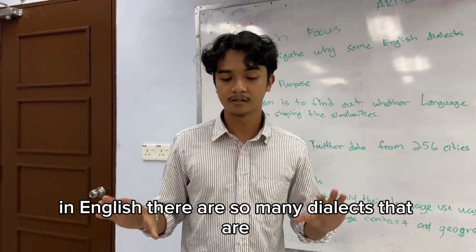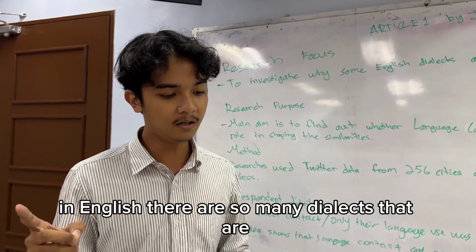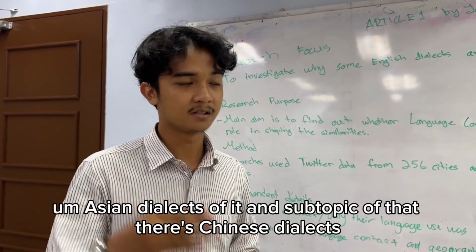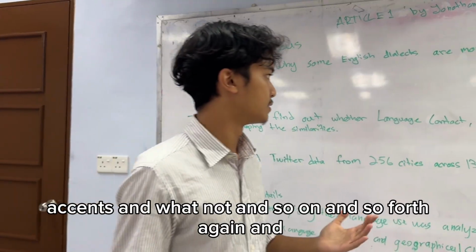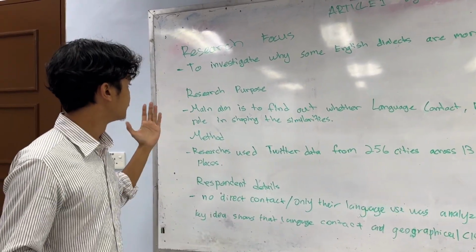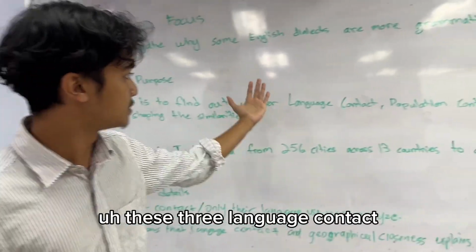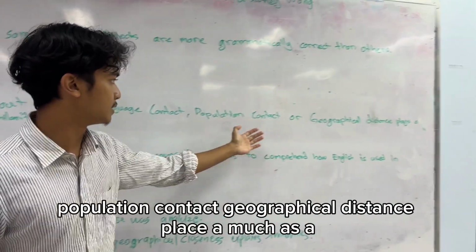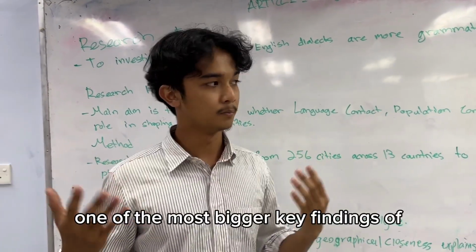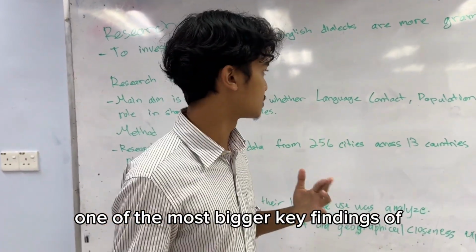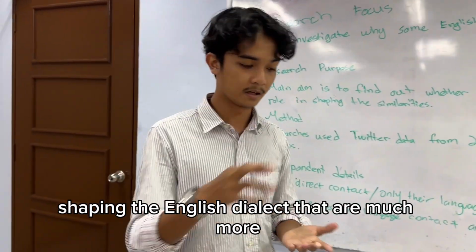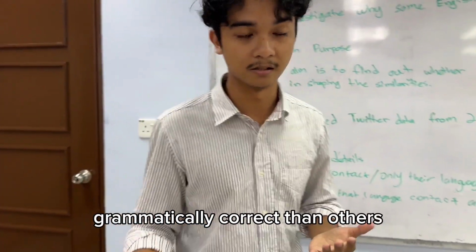In English, there are so many dialects, such as Asian dialects, and under that there are Chinese dialects, accents, and so on. These three, language contact, population contact, and geographical distance, play one of the biggest roles in shaping the English dialects that are more grammatically correct than others.